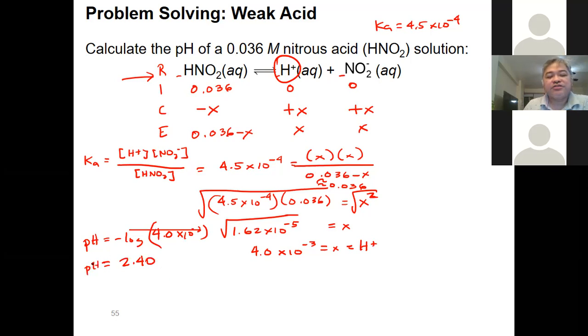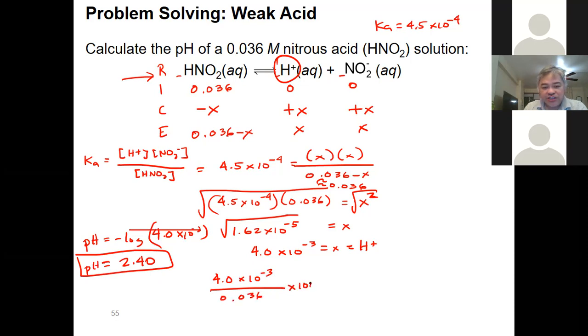Now, the next thing that we're going to do is, let's see, kasi kailangan ang dissociation niya less than 5%. So we get this value and divide it with the initial concentration and then multiply it with 100. What do you get?